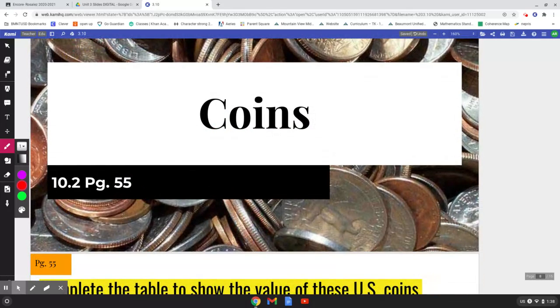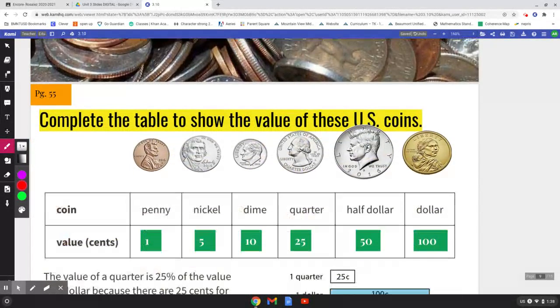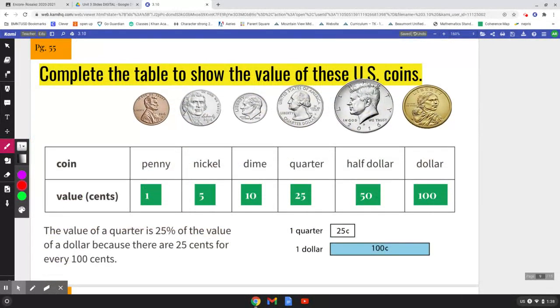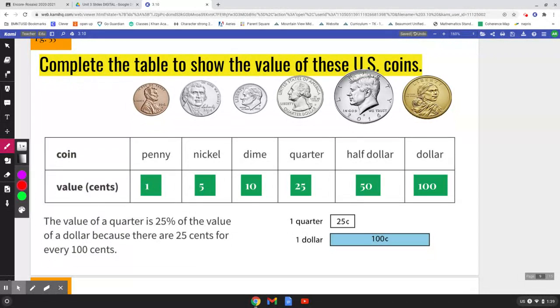Okay, so still on page 55, but we're just moving on. So we will complete the table to show the value of these US coins. So you should know the value of all of these coins. So the penny is right here. That's a penny. It's worth 1 cent. The nickel is worth 5 cents. This dime, that's a dime.